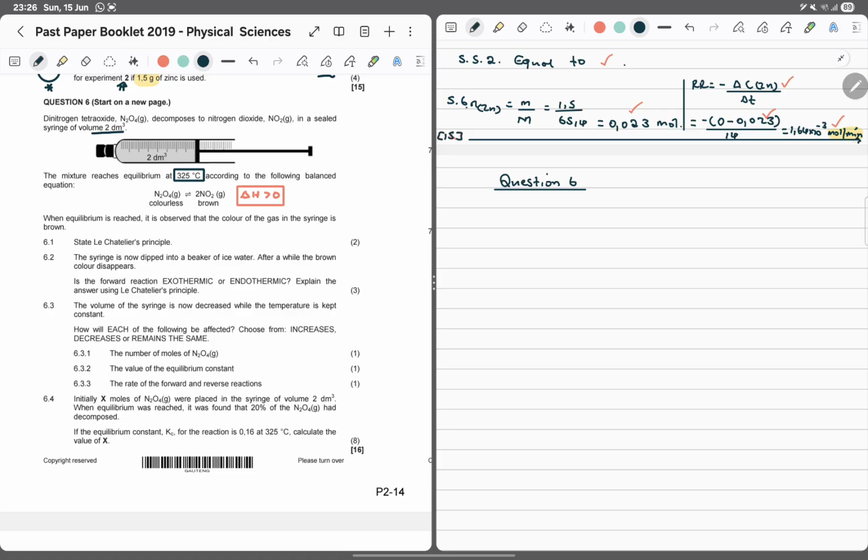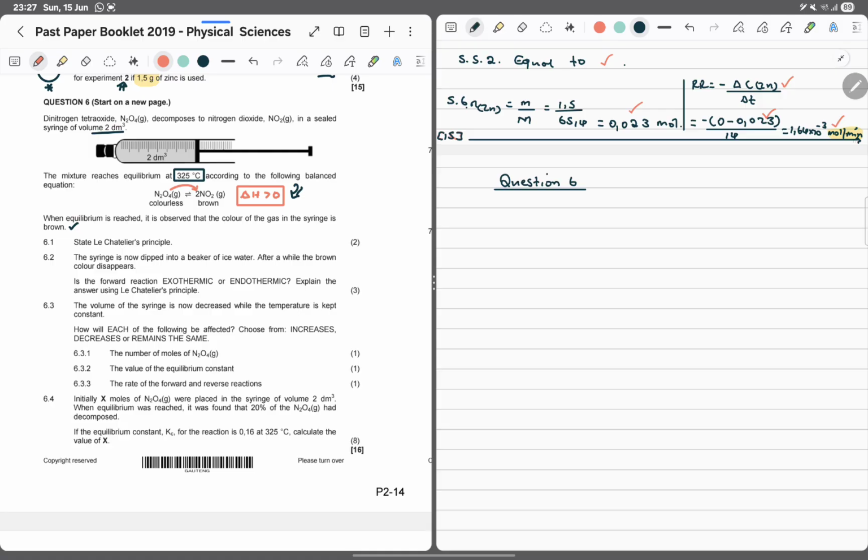So always, guys, any suggestion on the enthalpy change of a chemical equation, please ensure that you note it so that questions become much easier. It says when the equilibrium is reached, it is observed that the color of the gas in the syringe is brown. So this means this temperature change favors the forward reaction.